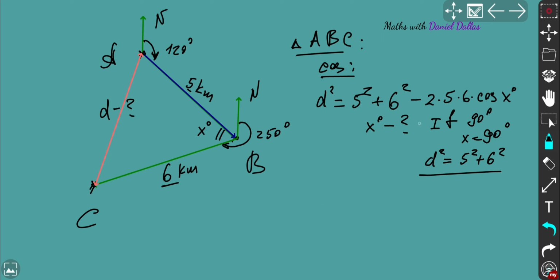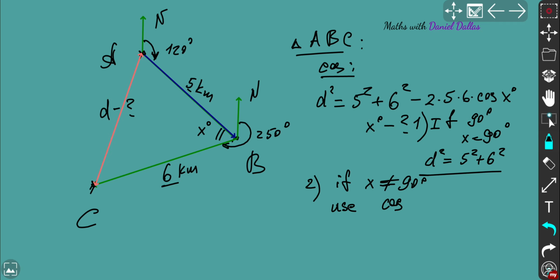But if it's not, that's case 1. If x is other than 90 degrees, you just need to use the complete cosine rule, or cosine theorem, for the triangle.